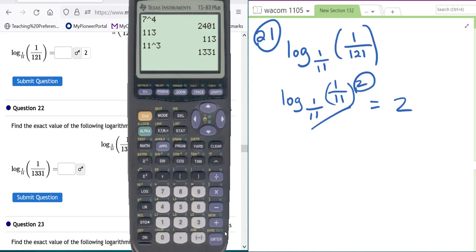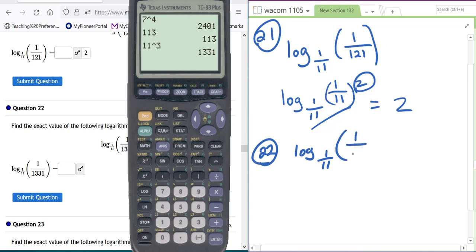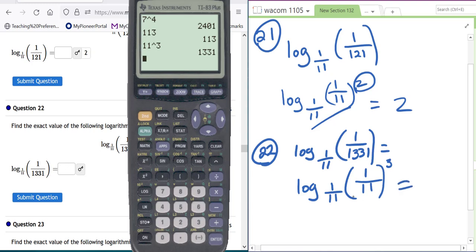So what we have is log base 1/11. We're rewriting this as 1/11 to the 3rd. These are the same. That's your rule. So the answer is the exponent.